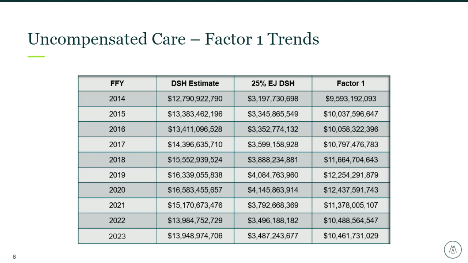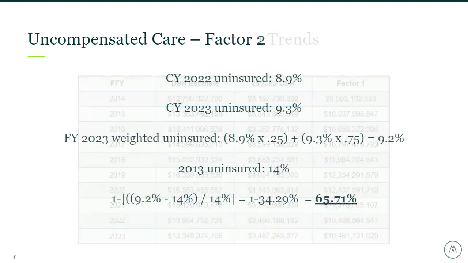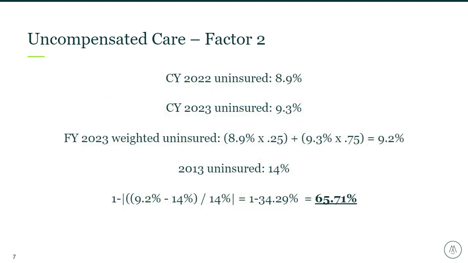Moving on to Factor 2, this factor is calculating the change in the uninsured rate. After running it through the formula, comparing the 2013 uninsured rate to the projected 2023 uninsured rate, Factor 2 for federal fiscal year 2023 equaled 65.71%.